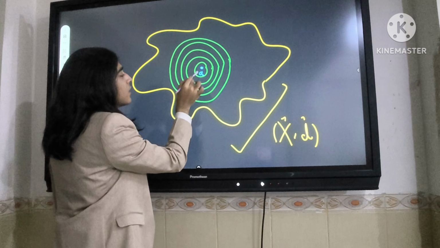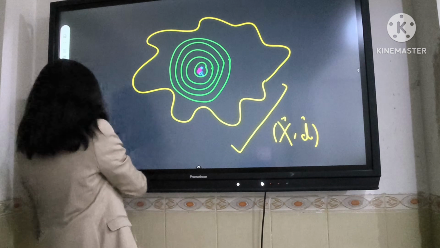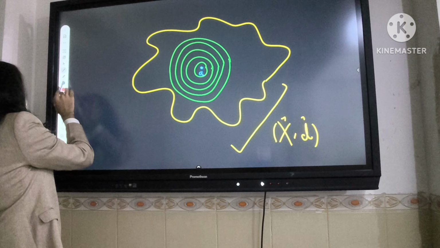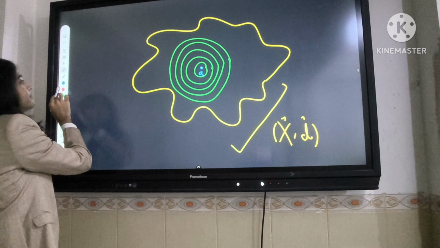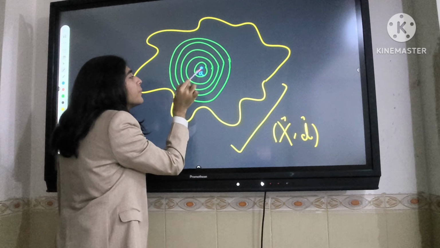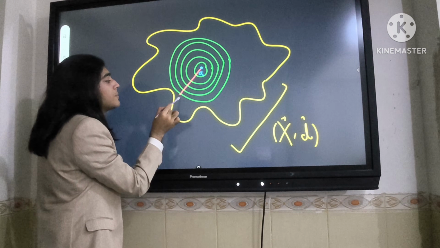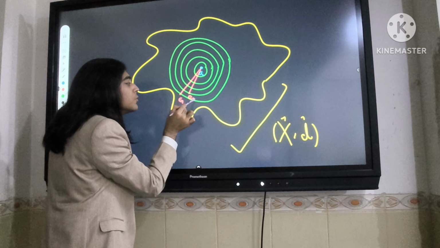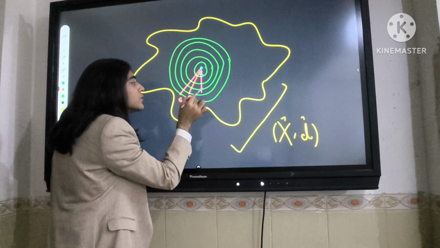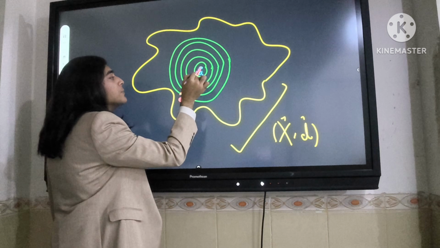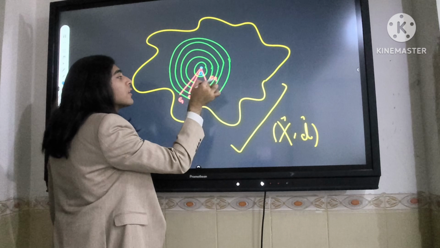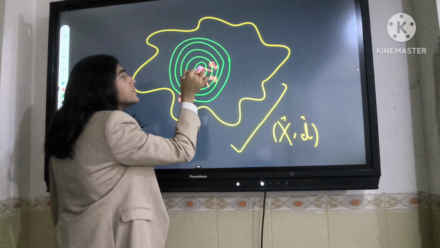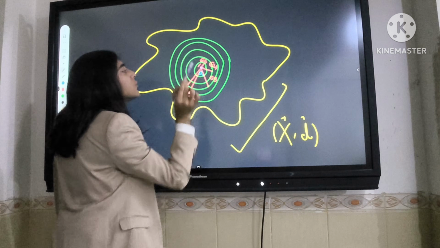The first square has a radius epsilon 1. That is epsilon 2, epsilon 3, epsilon 4, epsilon 5, and so on.